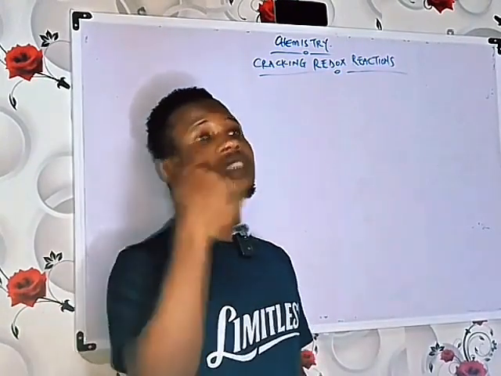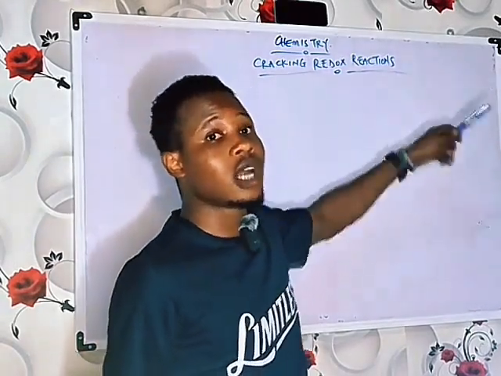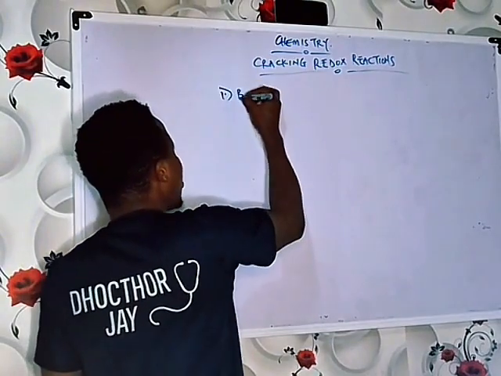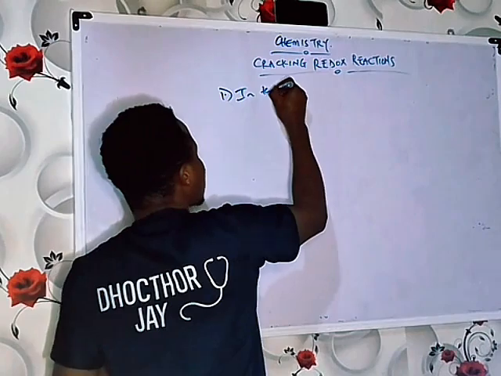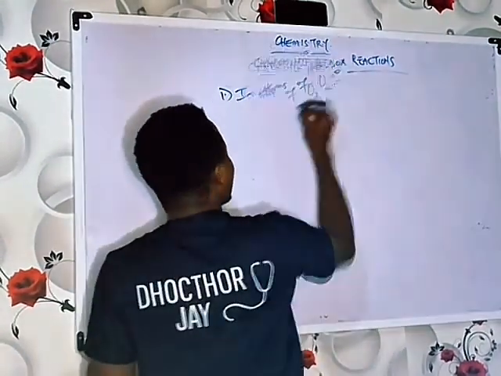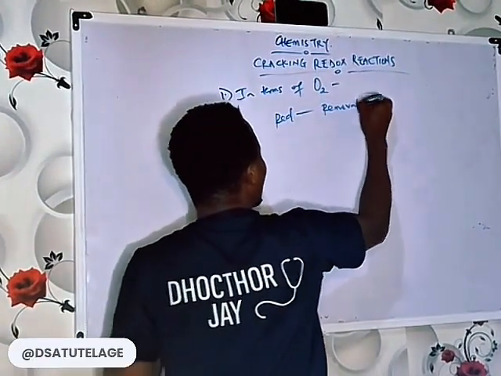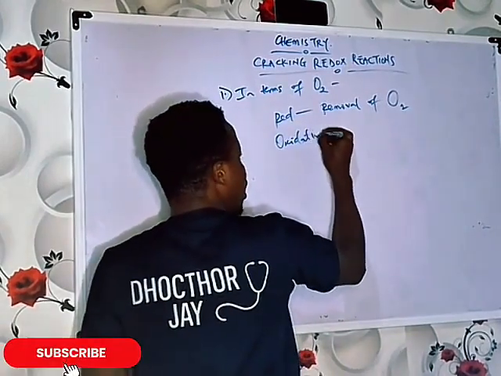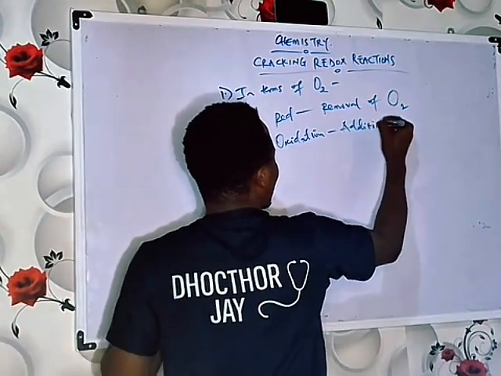We are going to be looking at different bases for the definition of reduction oxidation reactions. So we're going to start with the first one, number one, in terms of oxygen. In terms of oxygen, we say that reduction is the removal of oxygen, while oxidation is, like you guessed right, addition of oxygen.